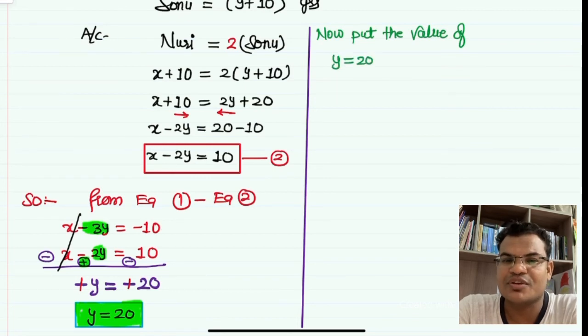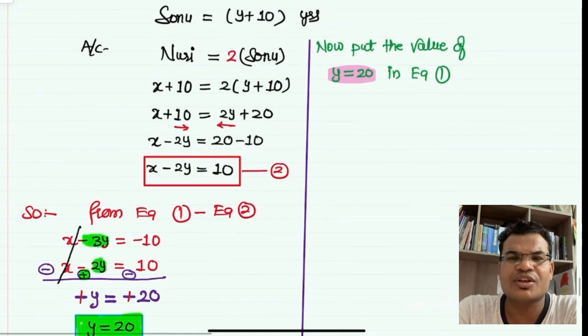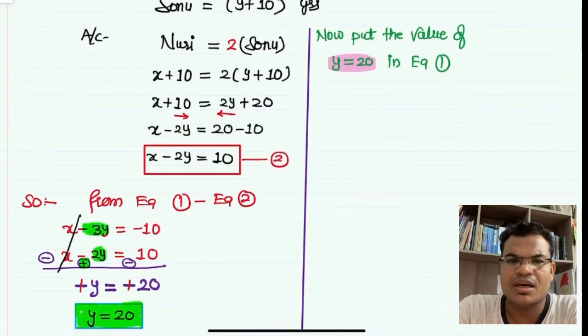I just want to put it in equation 1. You can put it in equation 2, and try to get the same answer I'm getting. You should find the value of x after putting y equals 20 in equation 1 or 2. Either you follow me or you try yourself. I am putting it in equation 1, so I request you all to please try equation number 2.